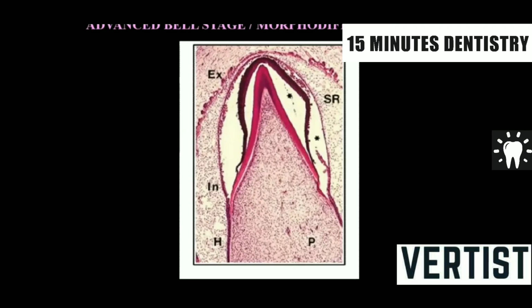And you cannot see enamel in this section because these are decalcified sections. Remember, in case of decalcified sections, you cannot see highly calcified enamel because it gets dissolved during the decalcification procedure. If you want to see any hard structure, then you're supposed to see a ground section.